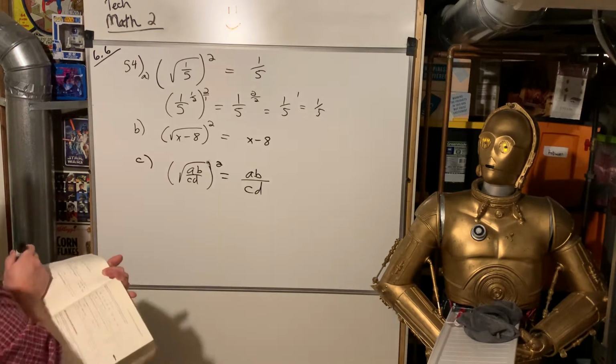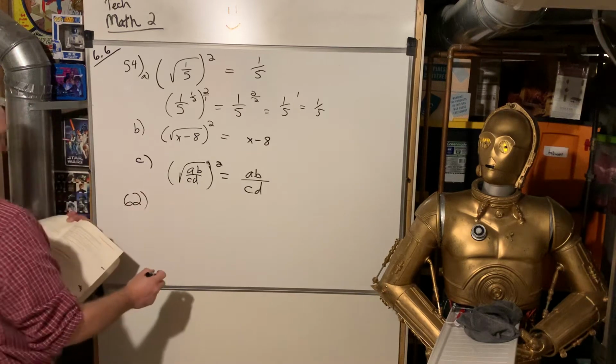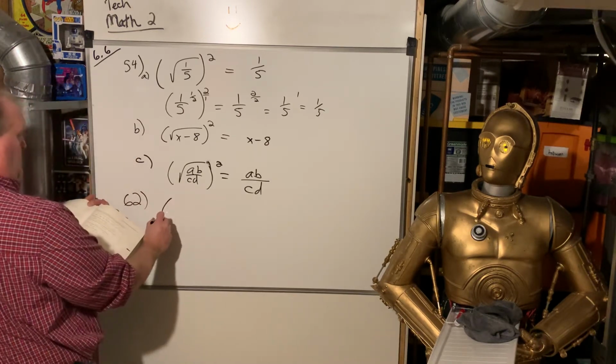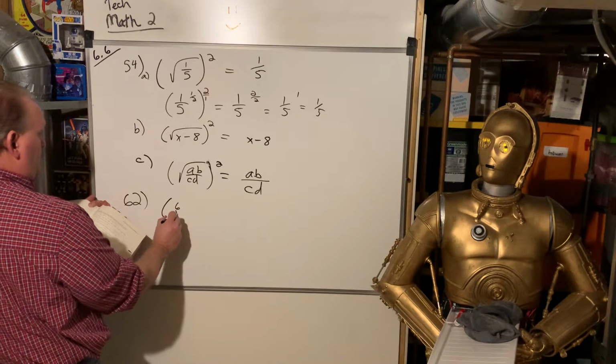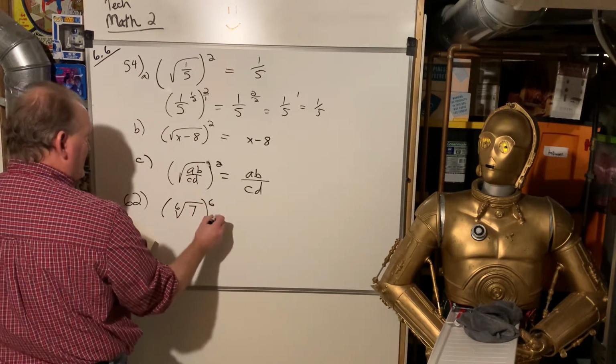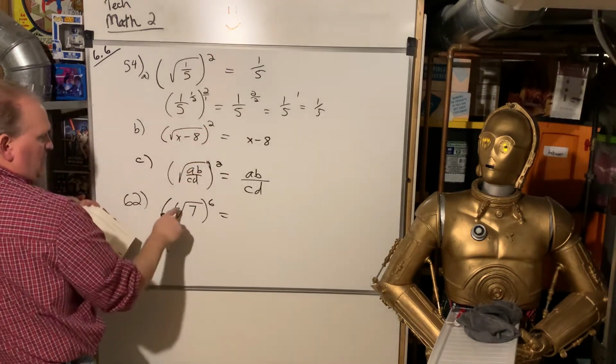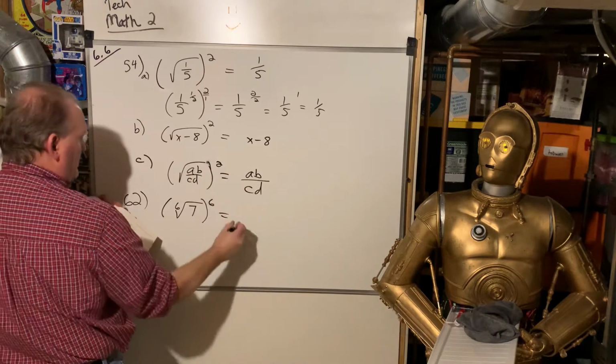Let's jump to 62. We got the sixth root of 7 raised to the 6th power. So in the same way that the square root and the squared wipe each other out, the 6th root and the 6th power wipe each other out. And it's just 7.